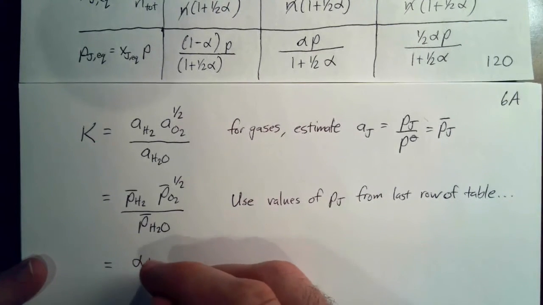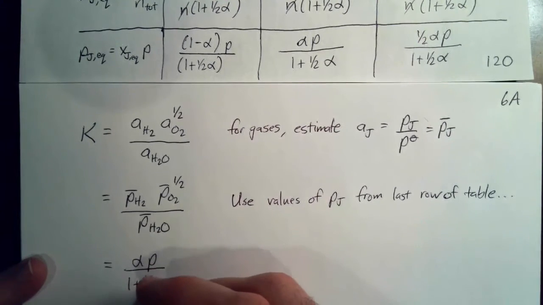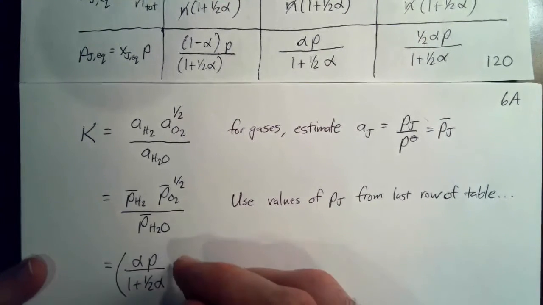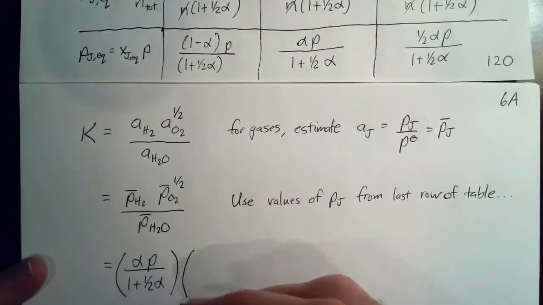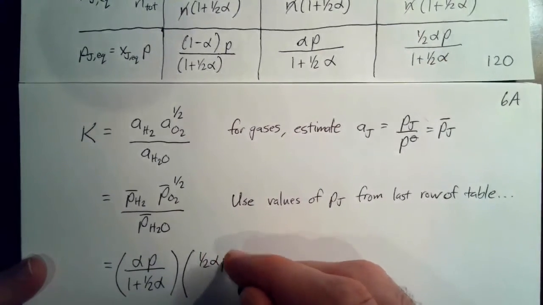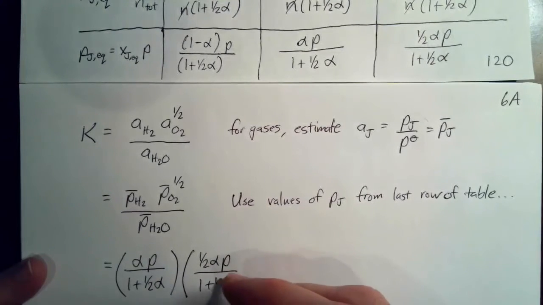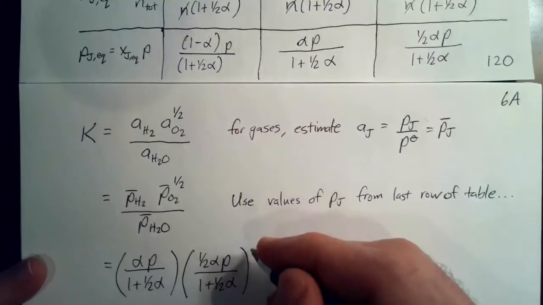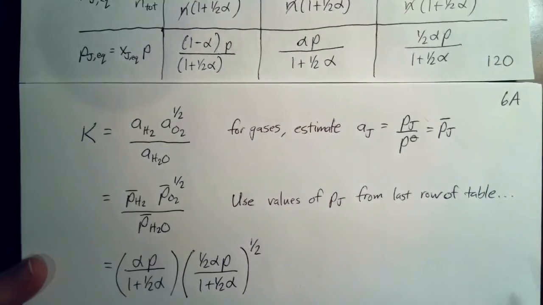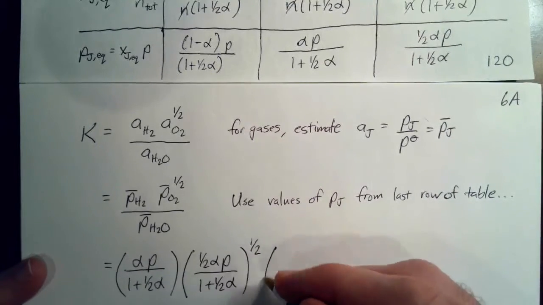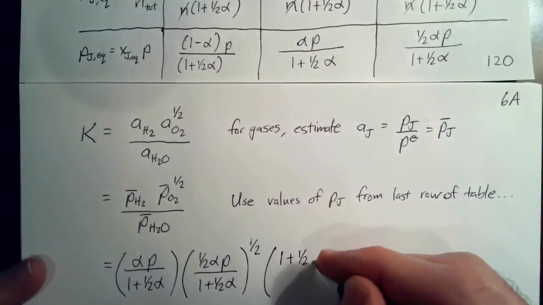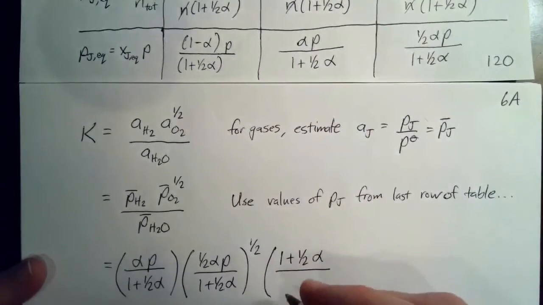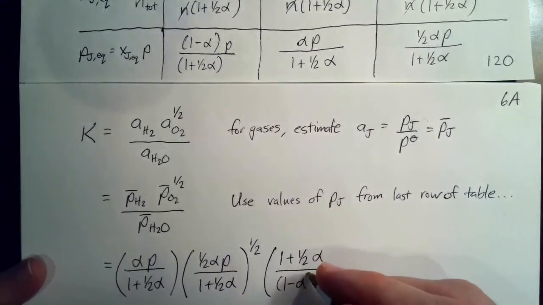So that's alpha P over 1 plus 1/2 alpha times the partial pressure of O2, which is this one, 1/2 alpha P over 1 plus 1/2 alpha to the 1/2, divided by the partial pressure of H2O, which is this one. So I'm going to multiply by the reciprocal of this, and I have 1 plus 1/2 alpha over 1 minus alpha P.